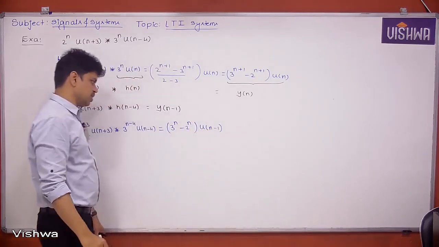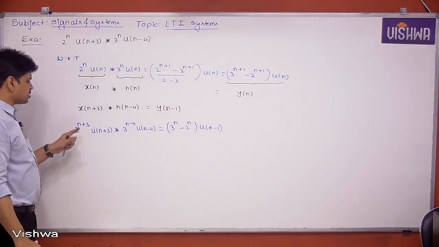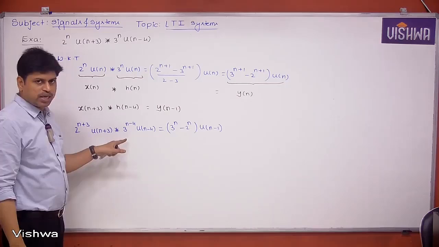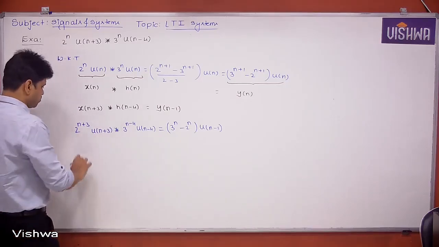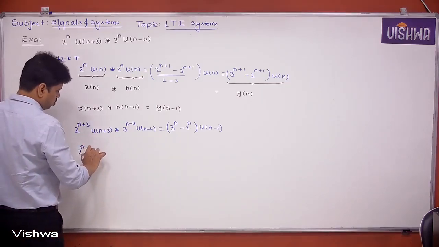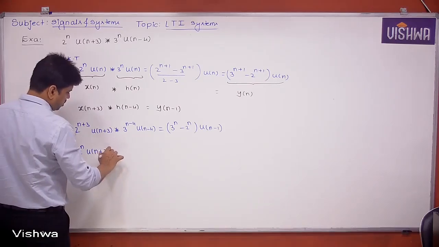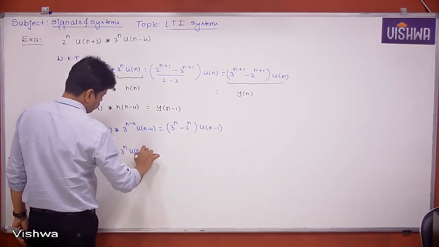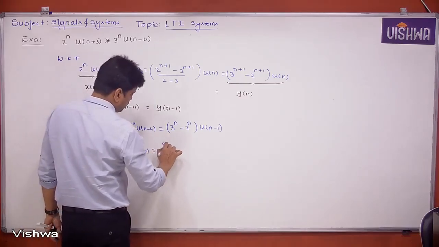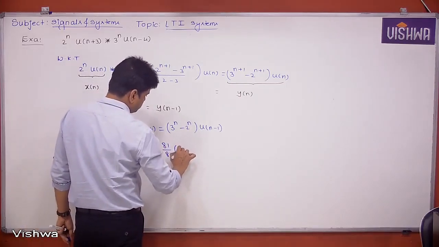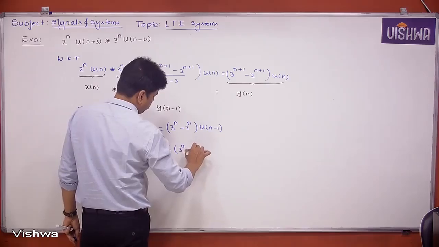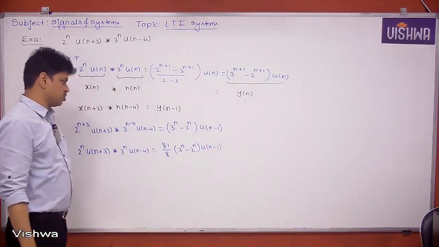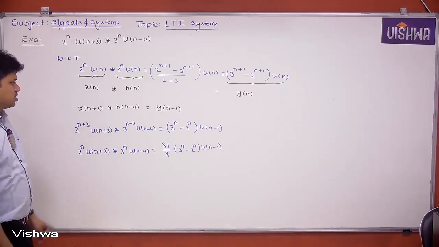So here we are having extra terms: 2 cubed is 8, 3 power minus 4 is 1 by 81. So bring them there. 2 power n u of n plus 3 convolution with 3 power n u of n minus 4 is 81 by 8 times 3 power n minus 2 power n, into u of n minus 1. That's what we are going to get. So that is the final answer. Okay, take it.